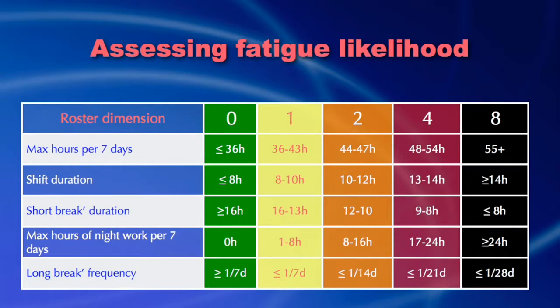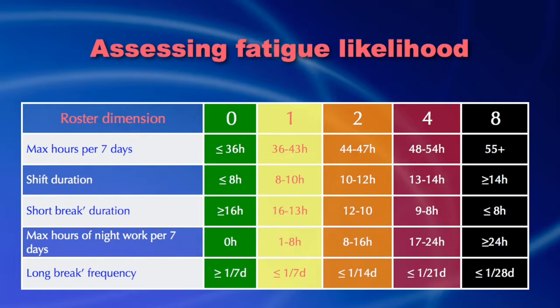This table provides a very simple approach to calculating or estimating the likelihood that an individual will be fatigued based on the roster that they are working. If you look at the top row, you will see that in the left-hand side we have the particular dimension of the roster that we're assessing, and then across the top you will see that the table contains a number of columns labelled 0, 1, 2, 4 and 8.